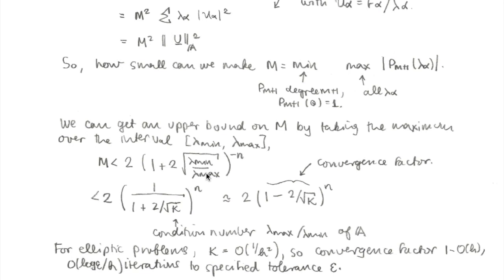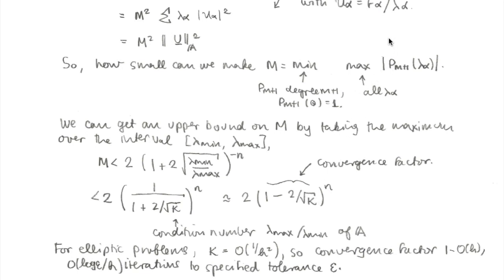Now you can get in the game of what if your eigenvalues are clustered? So not exactly repeated, but close together in groups. And then this result that we have here won't be optimal.